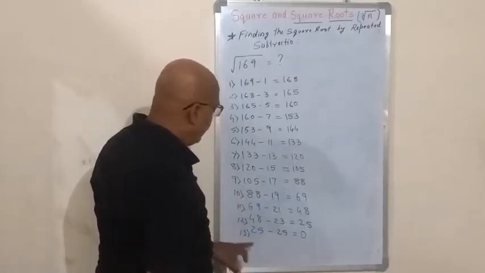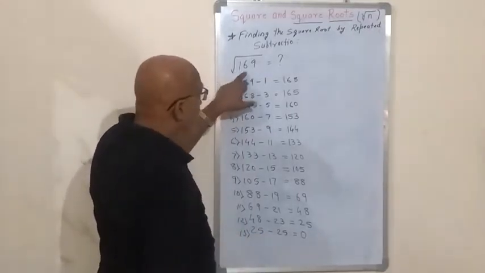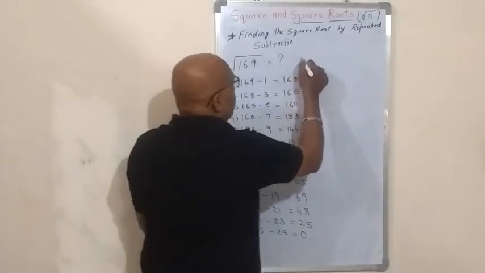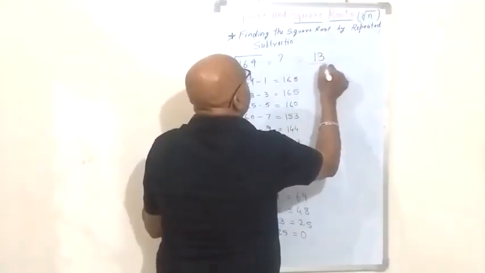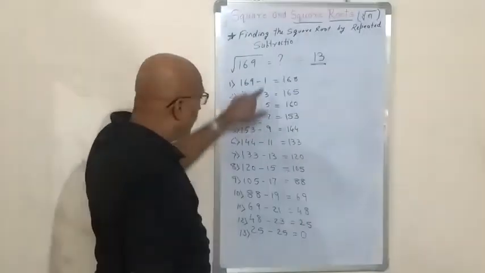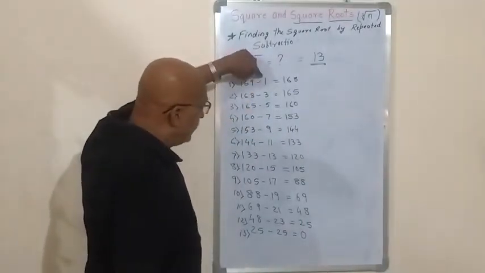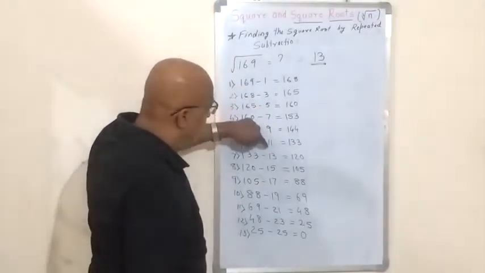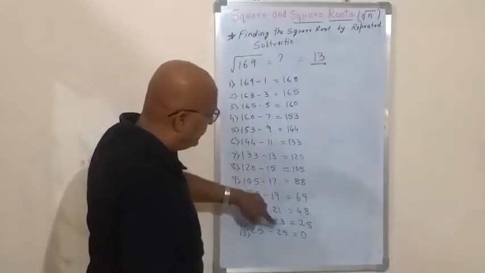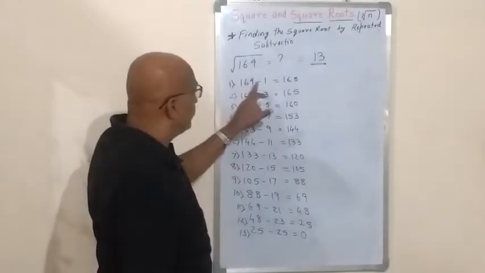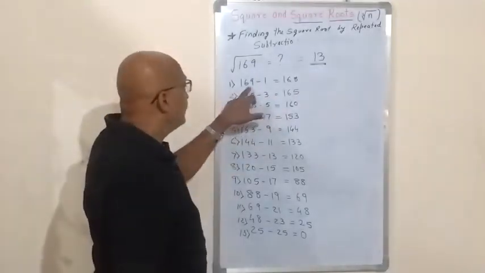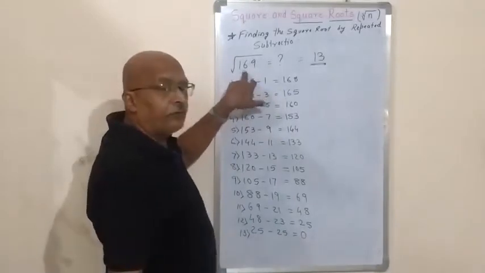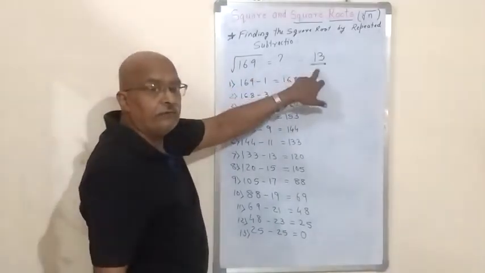It means that the square root of 169 is 13. The total number of steps, or the number of odd numbers we have subtracted consecutively, is 13. So 13 odd numbers we have subtracted one by one from 169 to get 0, and hence the square root of 169 is equal to 13.